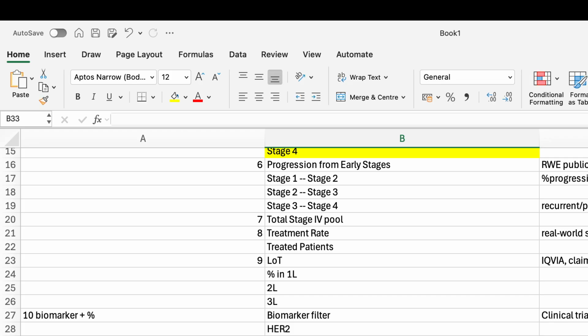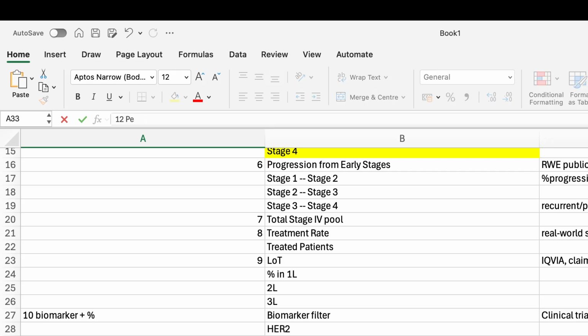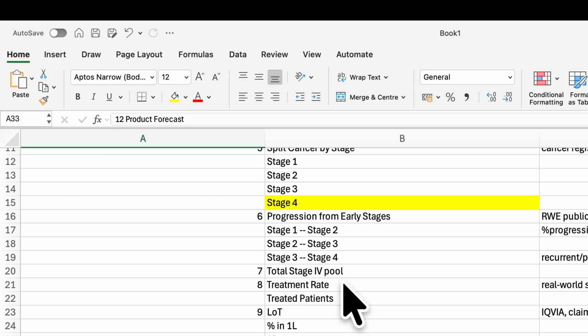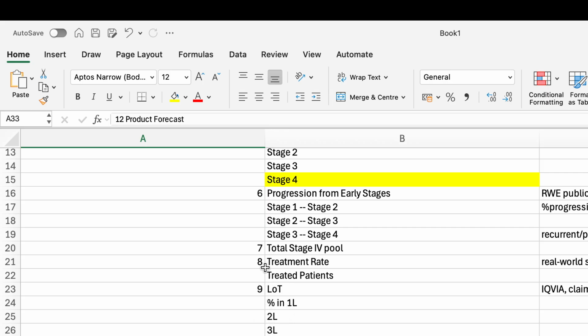right? So now comes our product forecast. What will happen in the product forecast is, this is the fun part, because until here, anyone can extract that information from different secondary sources, right?